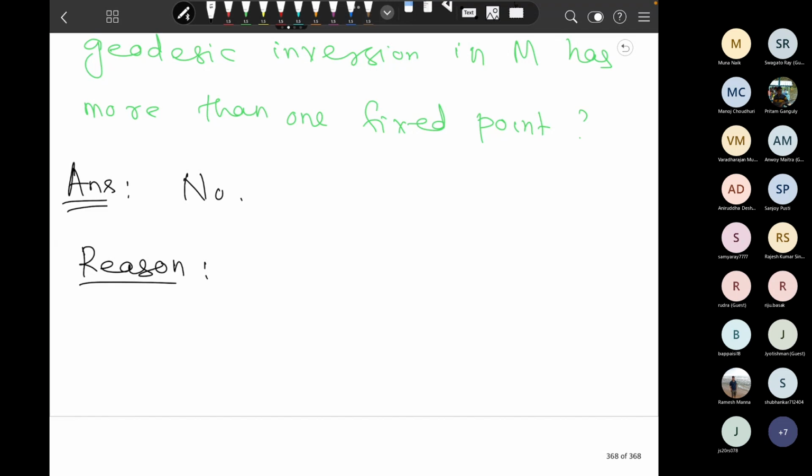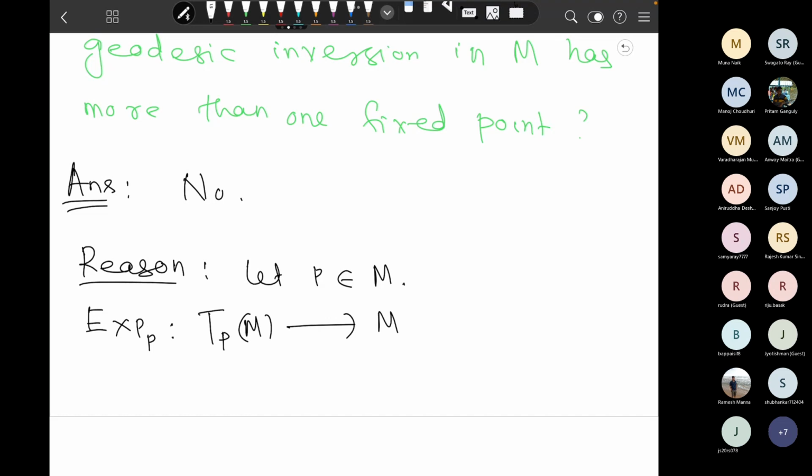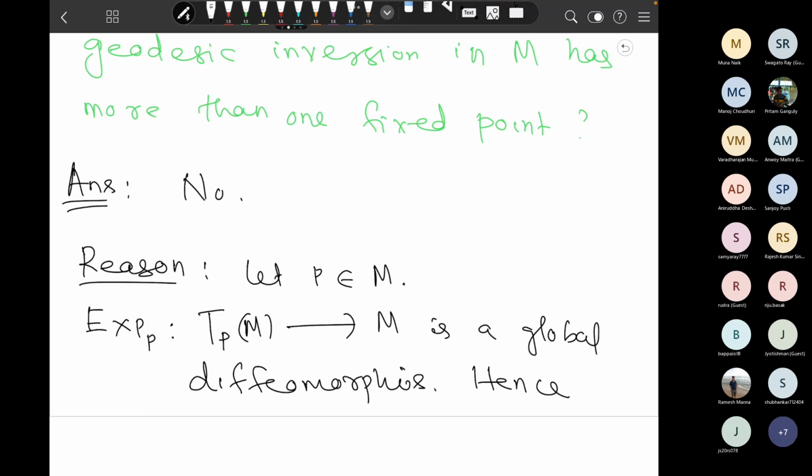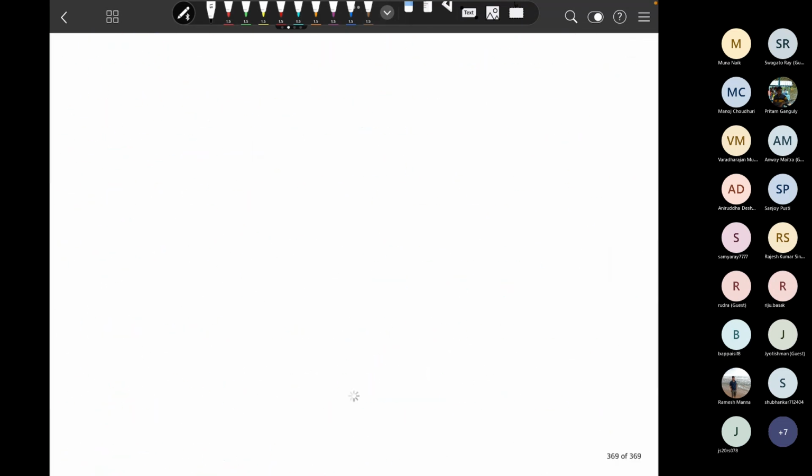The reason is, let P belong to M. Then the exponential map at P, from T_P M to M, is a global diffeomorphism, and hence one can regard the whole M as a normal neighborhood.